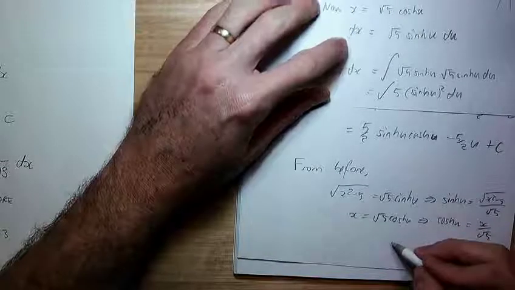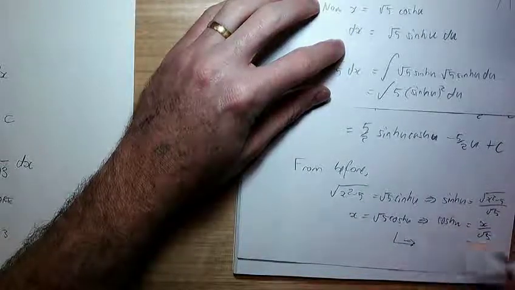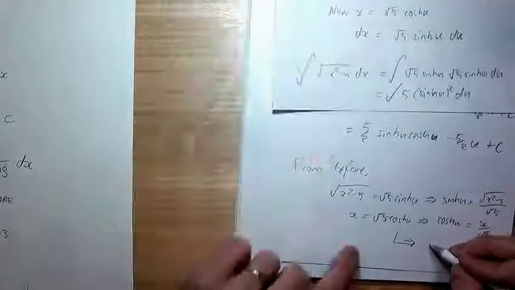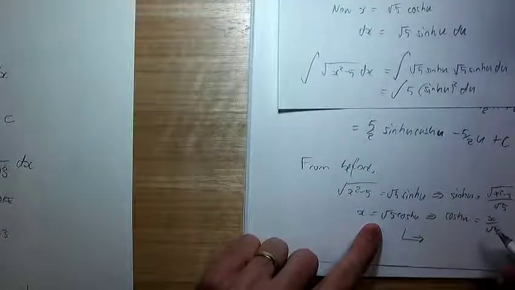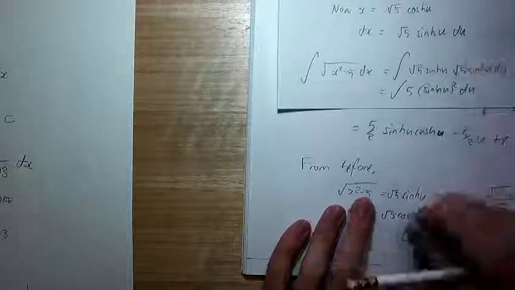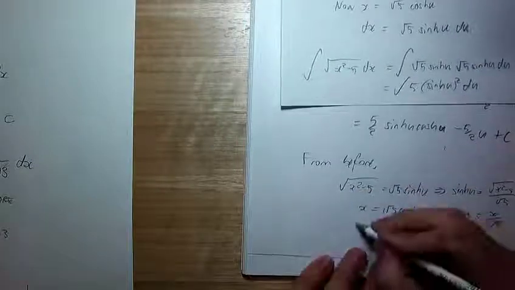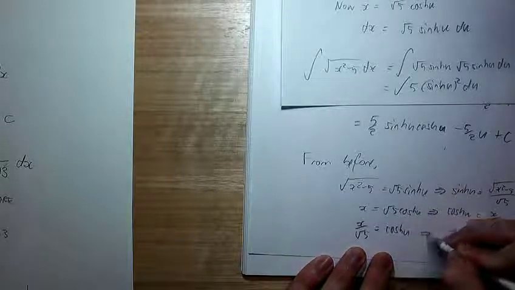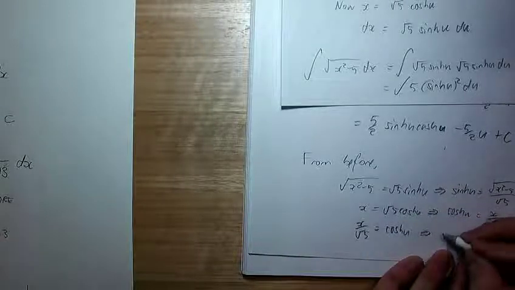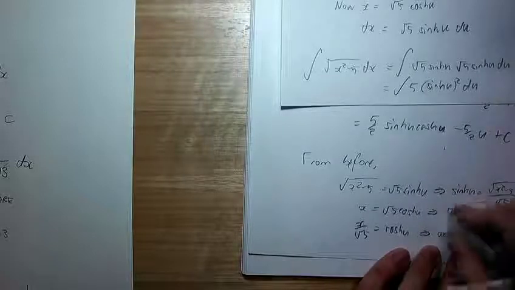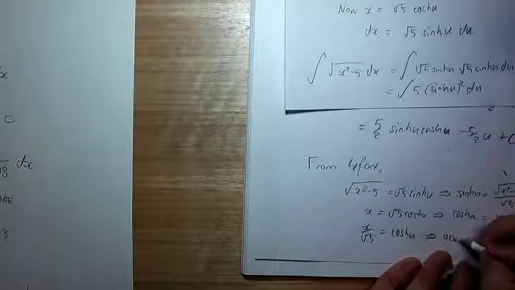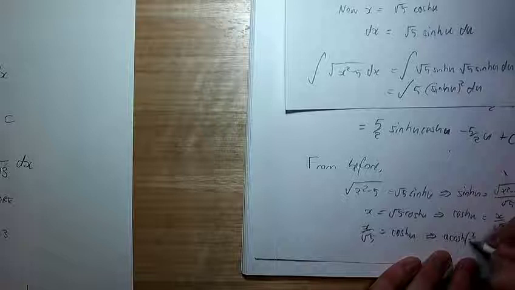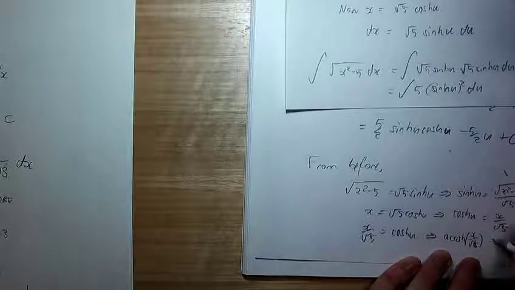And that also means that arccosh of x on root 5 is u.